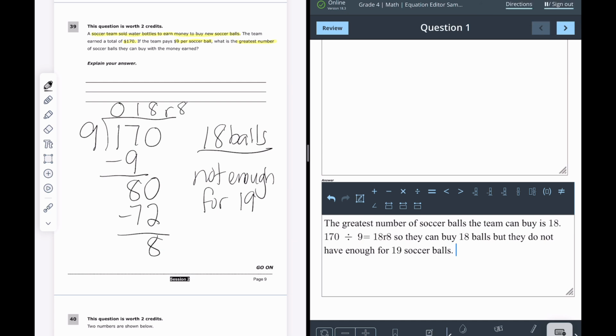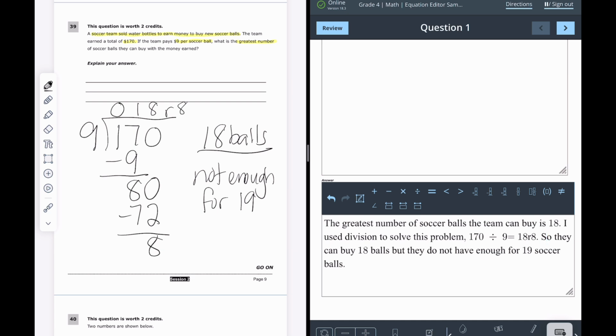All right, so I also have to explain my answer. So I'm going to put in I use division to solve this problem, when 170 divided by 9 is equal to 18 and remainder 8. So they had 18 balls and they do not have enough for 19 balls.